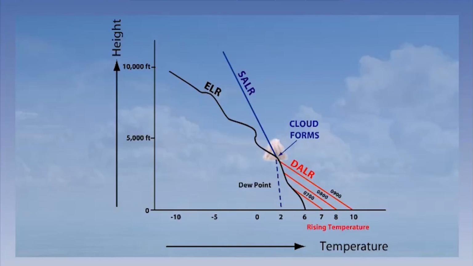Therefore, we are saying that we have lifted and cooled this parcel of air enough to reach saturation and hence form cloud. Notice that convection is a vertical movement of air, which in turn will produce vertically developed clouds. We know, of course, these are cumuliform type.